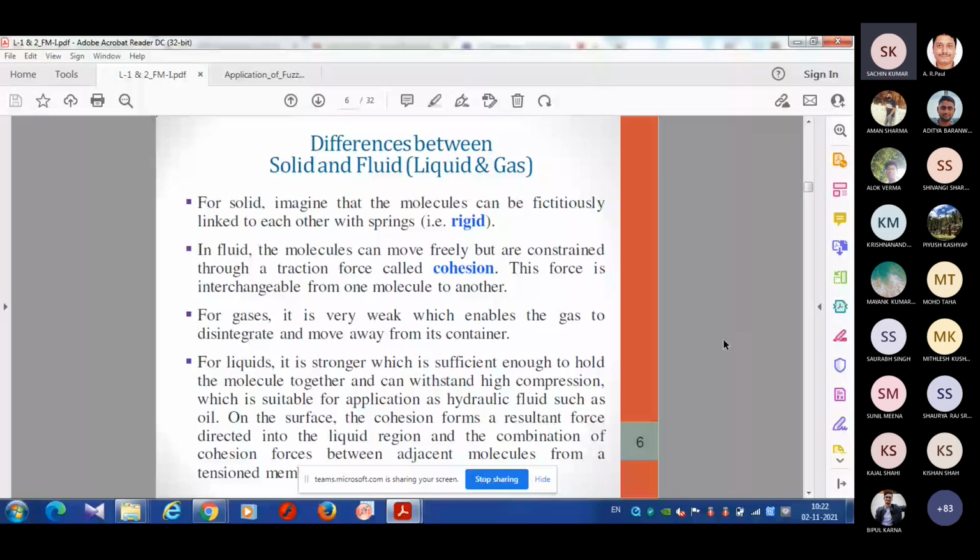In my slides, I don't put only words, I don't put only visualizations. I also put a lot of words so that you can also use my slide as a book. So whatever figures I have shown you in the previous slide, some explanation is there. As I told you, solid molecules are considered as closely packed or rigid.